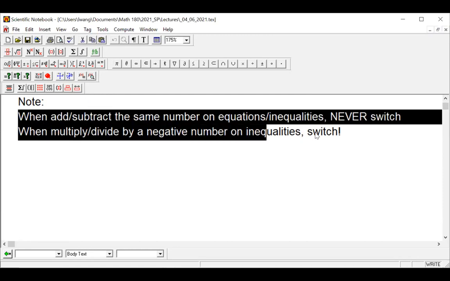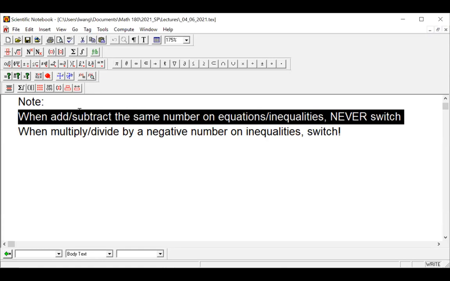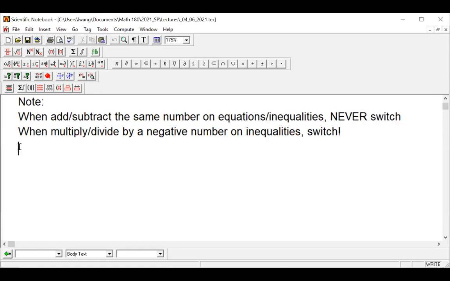So what are these related to? Let's elaborate on the first sentence. On principle number 3 and number 4. Principle number 3, what does it say? If A is the same as B, then A plus C is B plus C. Yes?